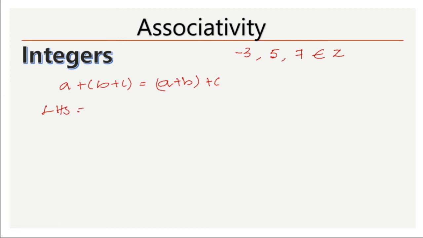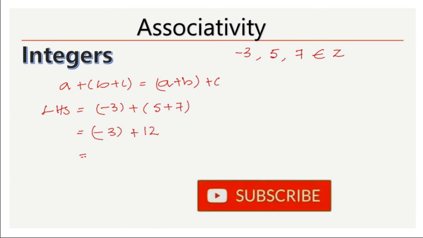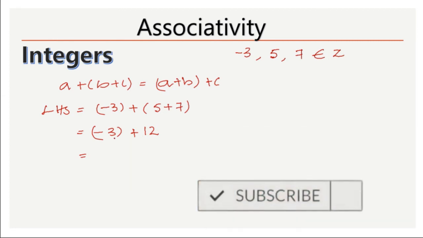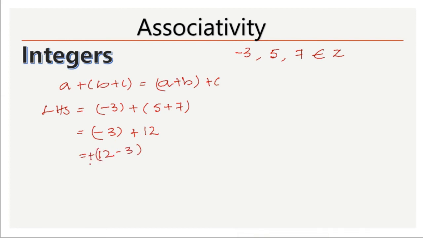Let's take the left hand side. We have negative 3 to be added to the sum 5 plus 7. So negative 3 to be added to the sum, which becomes 12. When 12 and negative 3 are added, we do subtraction and take the sign of the larger absolute value. This will become positive 9. Let's take up the right hand side.